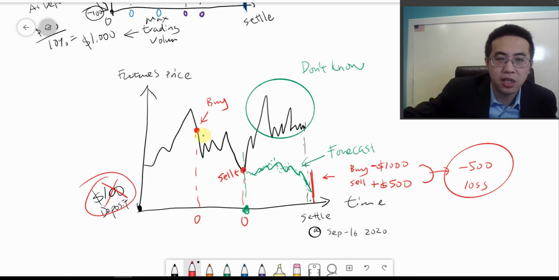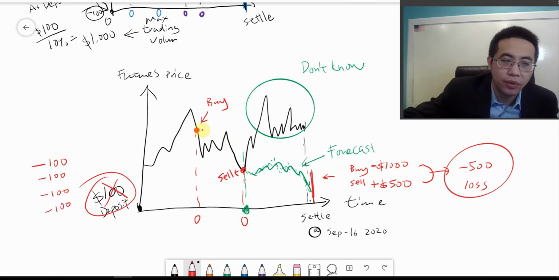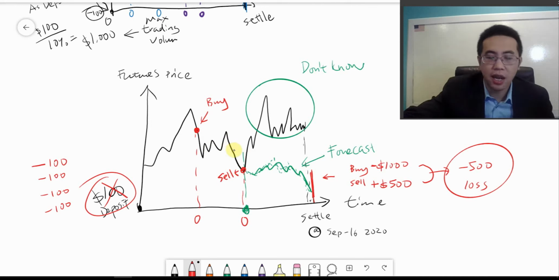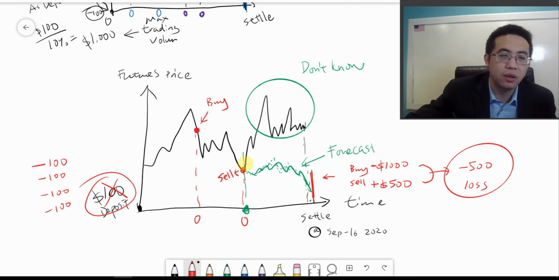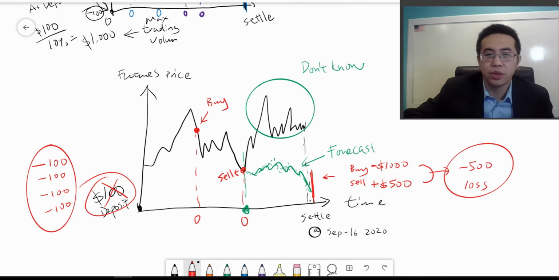In order to keep your position when the futures is declining, you have to add in more money, 100, another 100, another 100, another 100. So when the futures price just keeps going down, and you want to hold your position at a loss, then you have to deposit more and more money. And then right here, you just choose to liquidate your position. So this original $100 is gone, plus another $400 you added in for additional margin requirement.